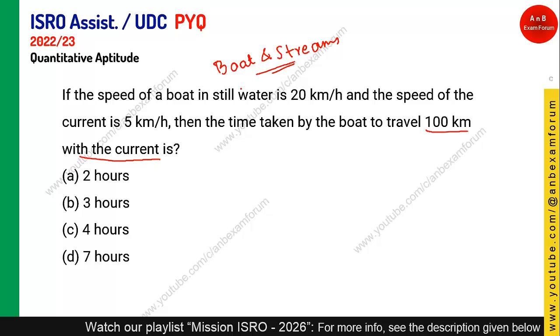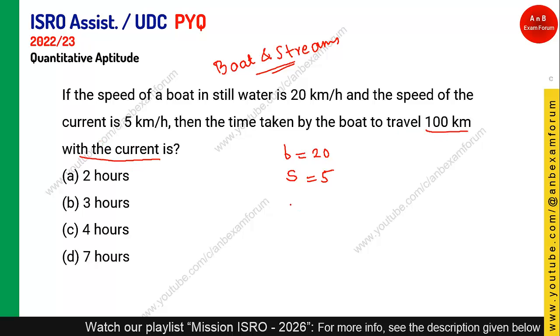So let's try to solve it. The speed of boat is 20 kilometers per hour, so let me write b = 20 km per hour, and the speed of the stream s = 5 km per hour. The question asks the time taken by the boat to travel 100 km with the current.